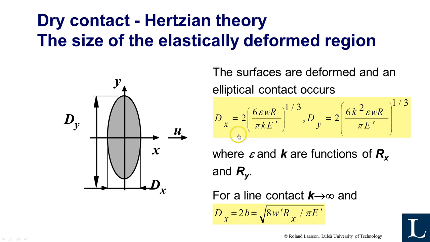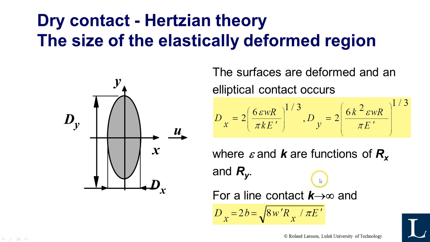And these diameters can be found from this expression. You see, load, combined radius, effective elastic modulus, pi, but there are two unknown parameters. We are coming back to them later. It's the epsilon and the k. These are functions of Rx and Ry only, so pretty easy to find approximate values of them.